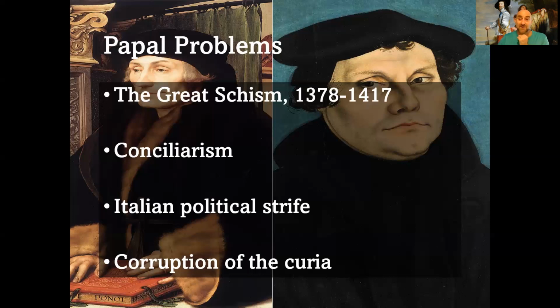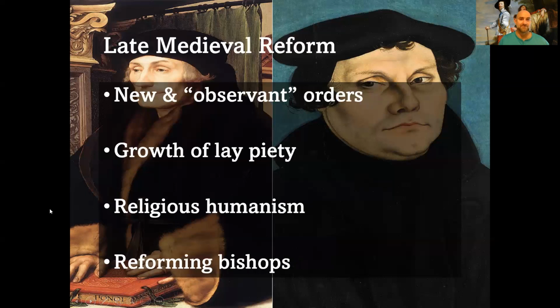The raising up of their relatives to be cardinals and stuff like this, and giving them money of the church that should be going toward spreading the gospel, is going toward building up these families. When I say corruption of the Curia, this is one of the real bad things that they just didn't have the institutional fortitude to actually deal with before the Reformation. So all these things are problems in the late Middle Ages.